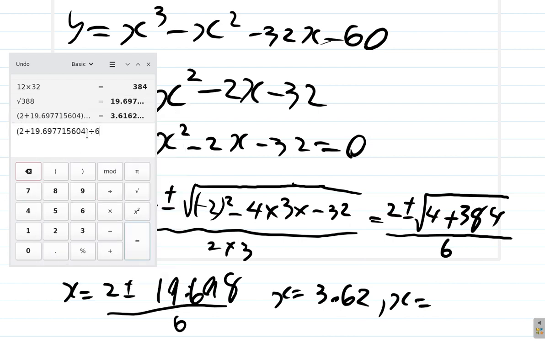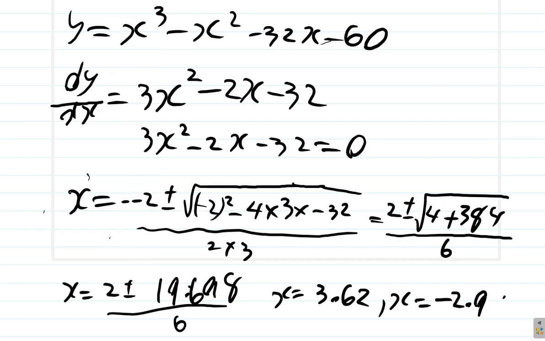So in the other case it's minus. So it's negative 2.95. Alright, so those are the x values where the stationary points are. But since they ask us for the location, let us find the y values as well.